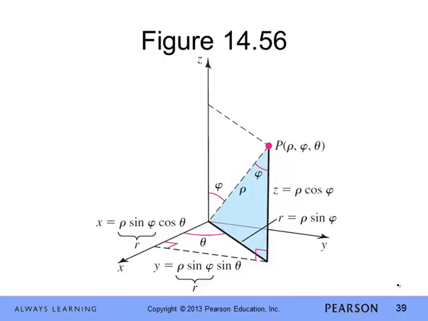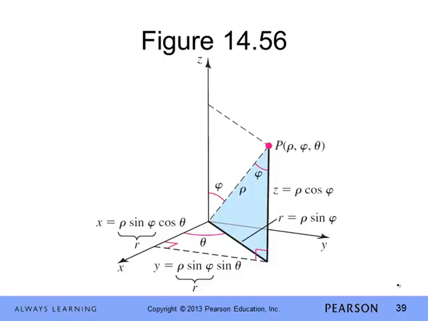Now, if you know x, y, z, and you want to convert to rho, of course, rho is the square root of x squared plus y squared plus z squared. Phi, if you know z, you can then take the arc cosine of z over the square root of x squared plus y squared plus z squared.